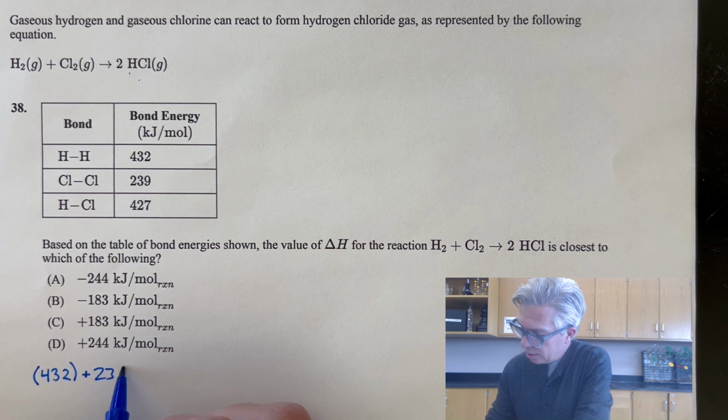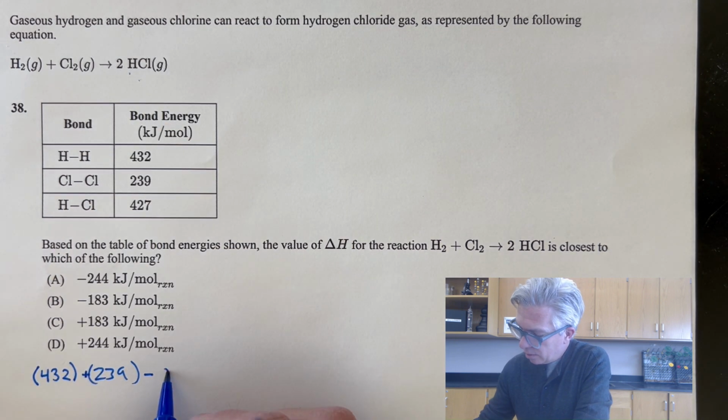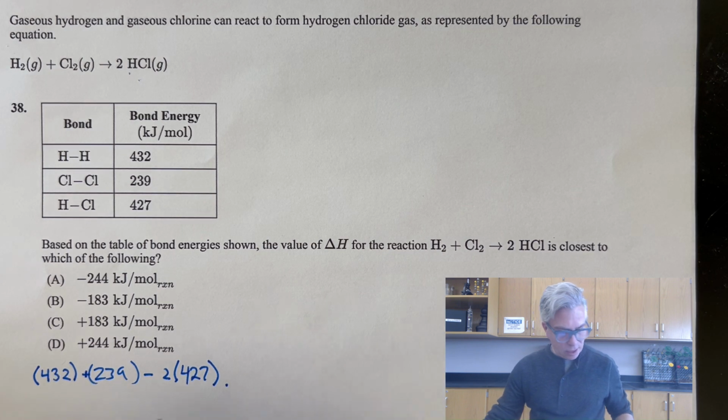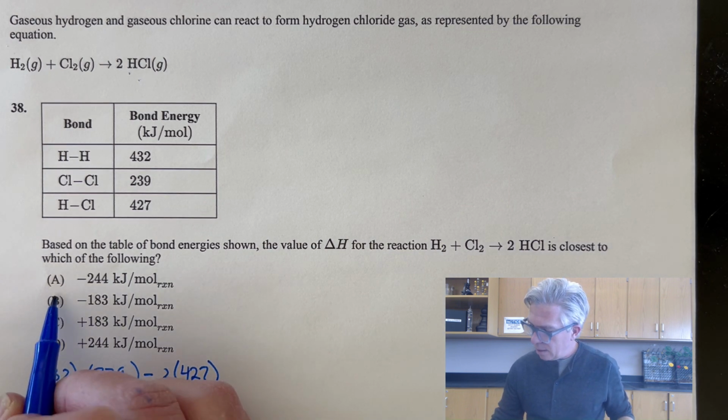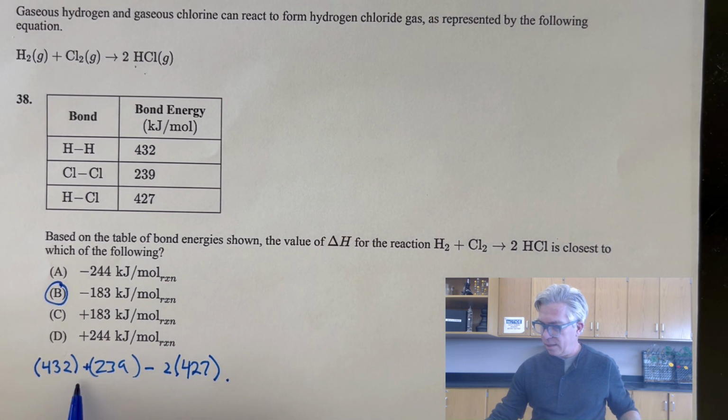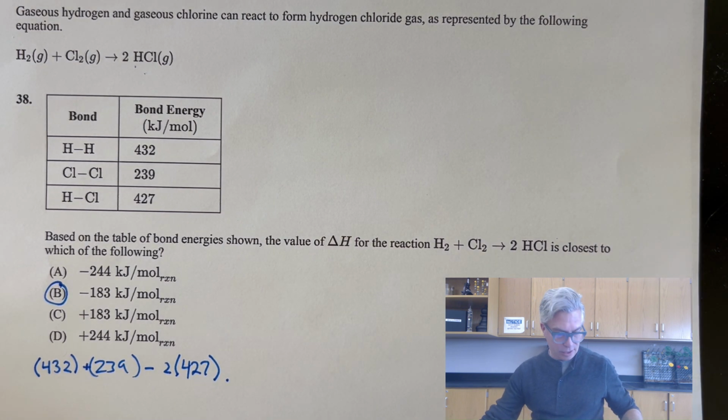The chlorine is 239. We're going to subtract the HCl, and we're going to do two of those because two molecules are formed. So two HCl bonds, 427. And a quick tap of our calculator is going to give us minus 183. The bonds formed are bigger than the bonds broken, so we're going to have an exothermic chemical reaction.